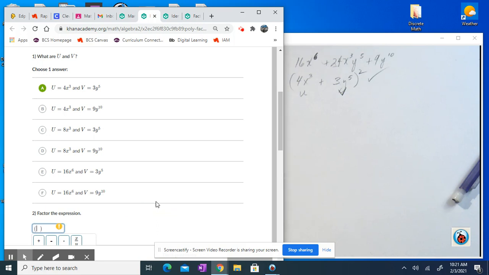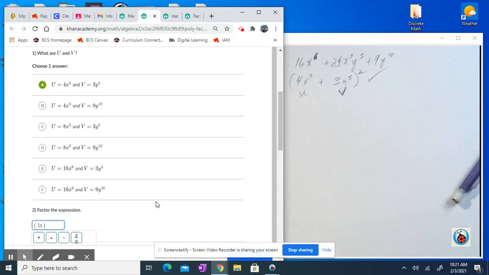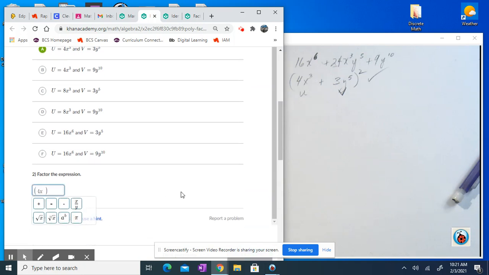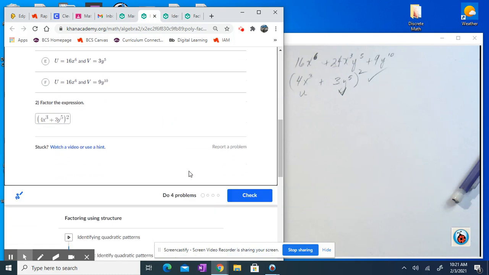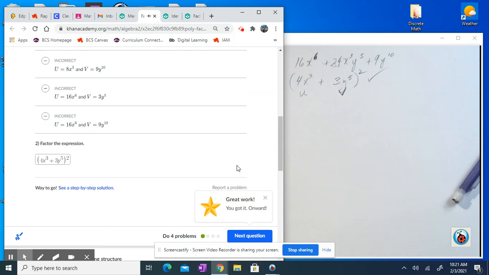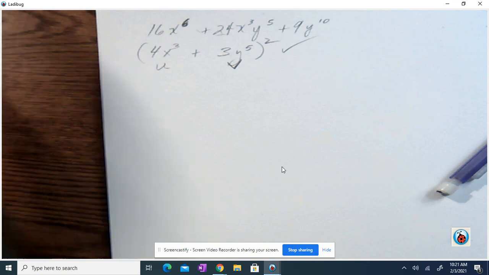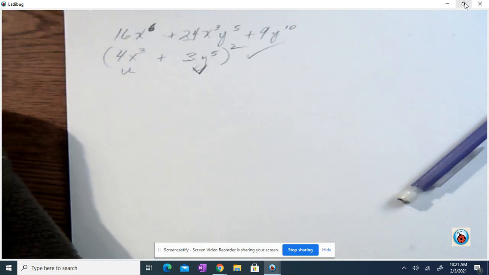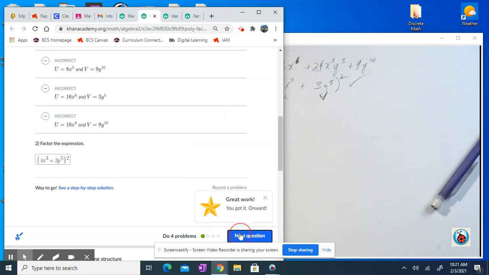So (4x³ + 3y⁵), and out here, I do square. And I hope it takes it. Yes. All right. So let me blow that up for you in case you need to copy that down. Question.